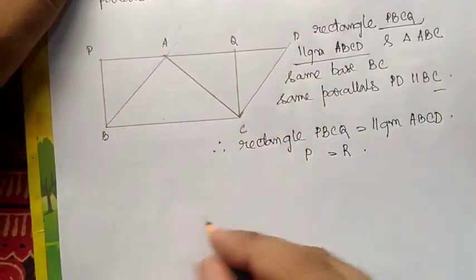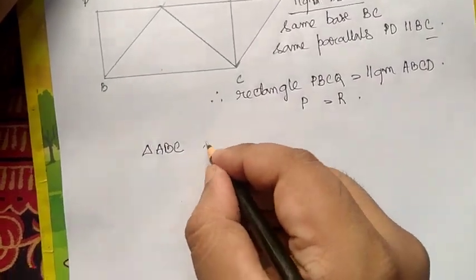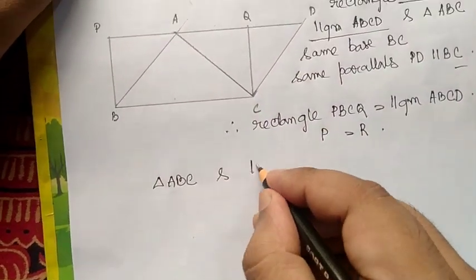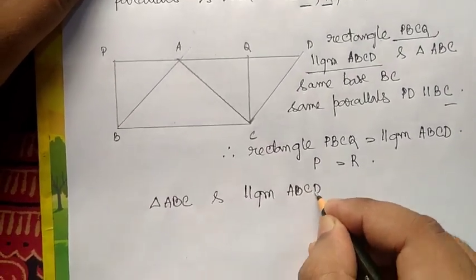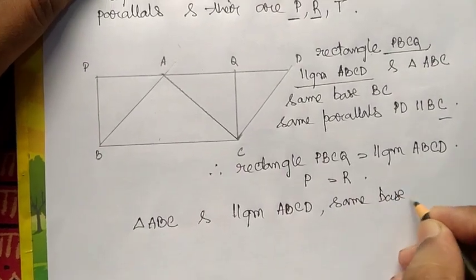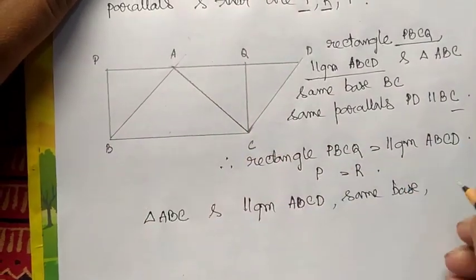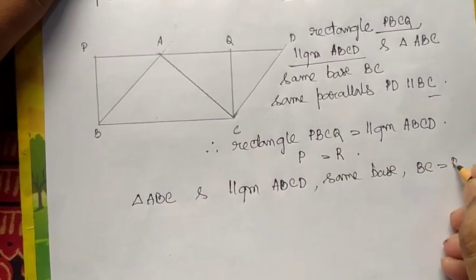Now triangle ABC and parallelogram ABCD, both are on the same base BC and same parallels, where BC parallel to PD.